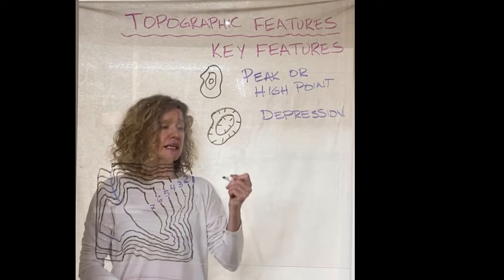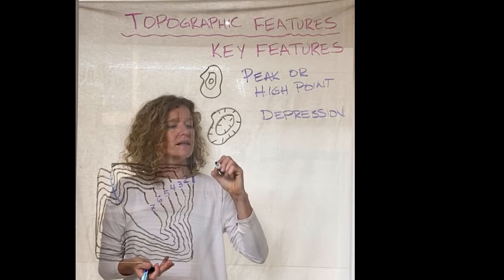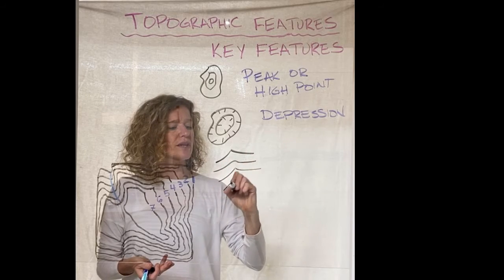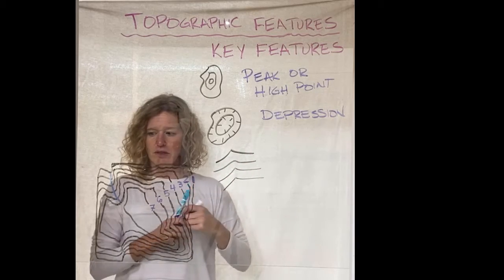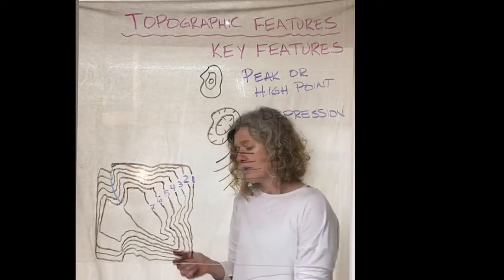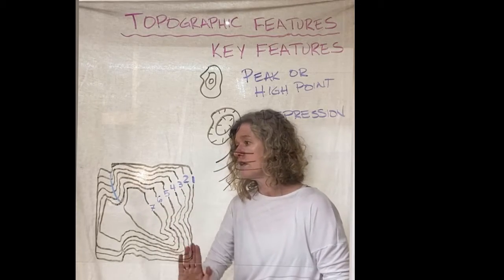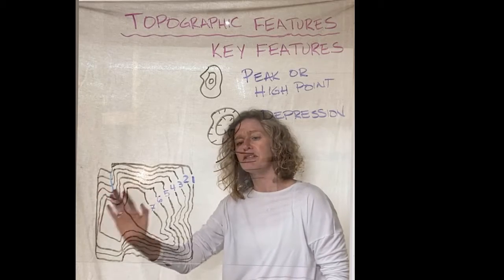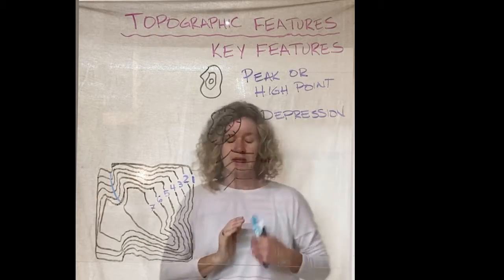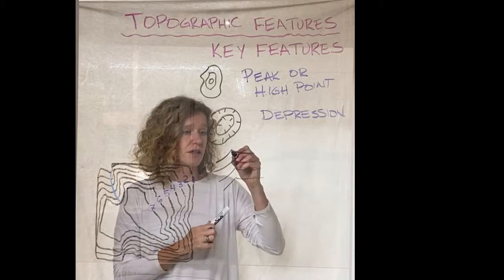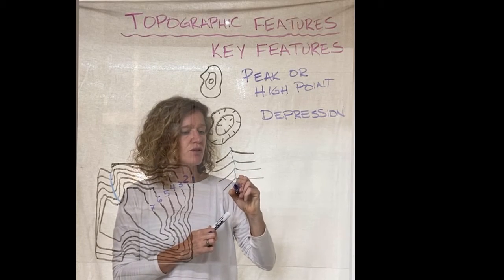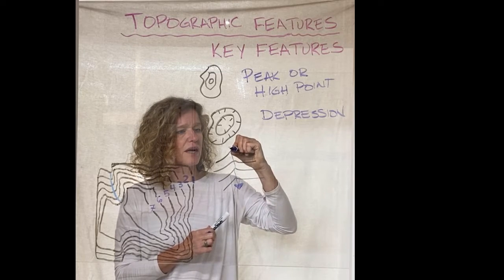Now additionally, you might see some contour lines that end up creating little peaked V's. We have some peaked V's here, but we also have almost V shapes. They don't have to be perfect V's, they can be rounded. And you'd have water flowing sometimes through those. So let's darken up that water.